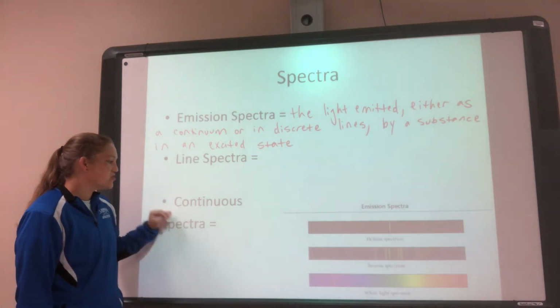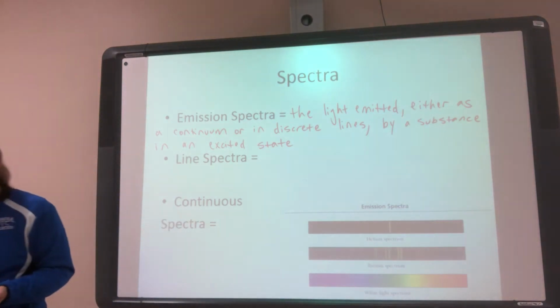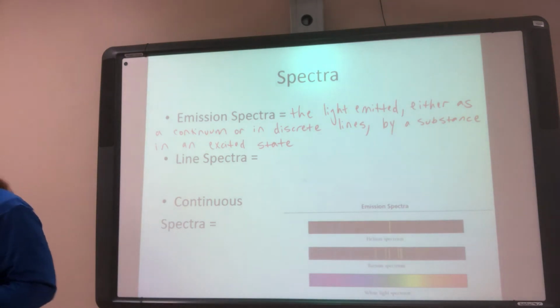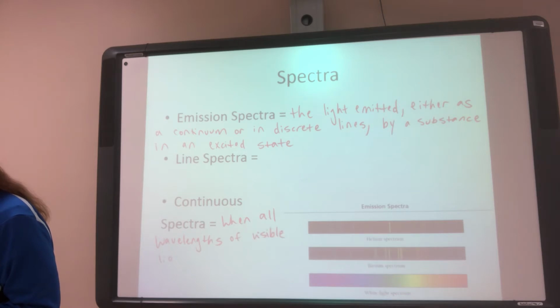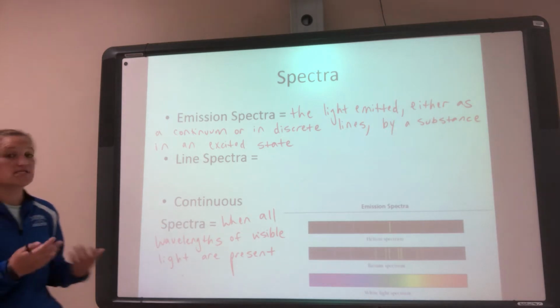Now you're actually used to seeing continuous spectra. So continuous spectra is when all wavelengths of visible light are present. So an example of a continuous spectrum would be, say, for example, the sun.